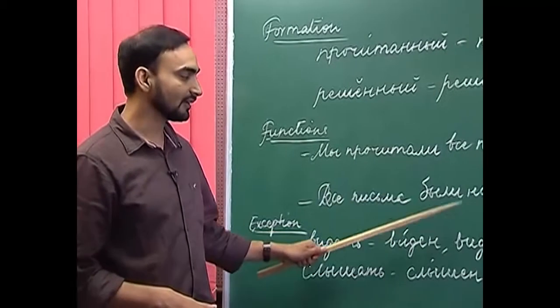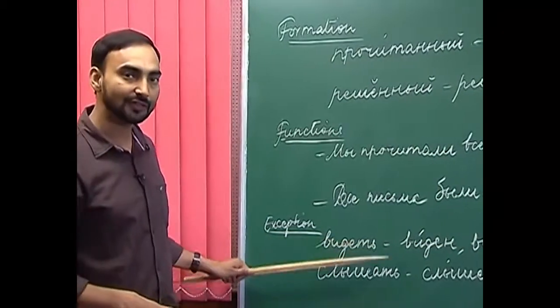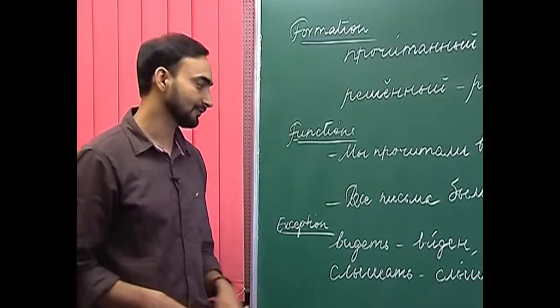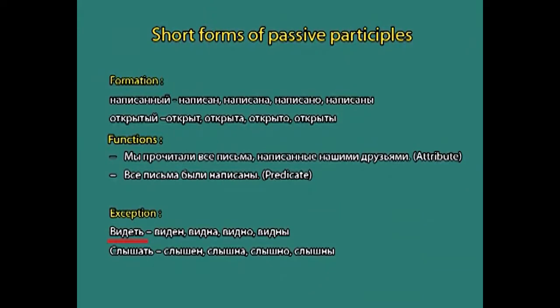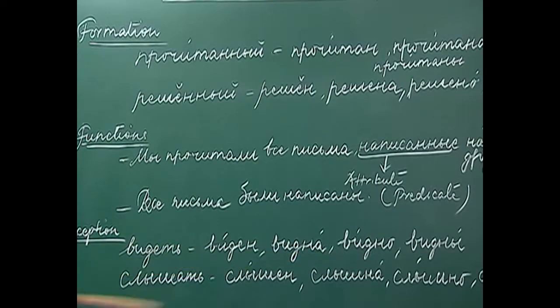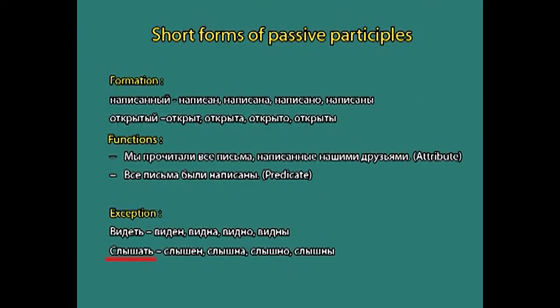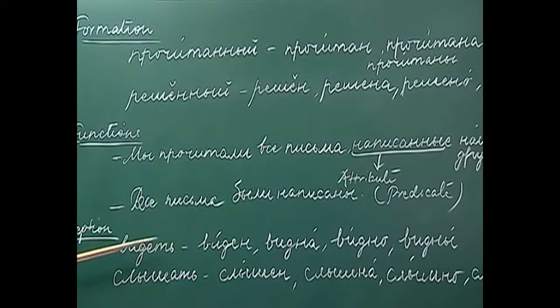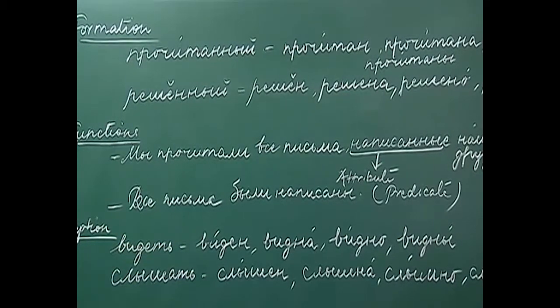So, from vidit we form vidyen, vidna, vidno and vidni. These are the short forms of the participle from the verb vidit, and from slishat, slishin, slishna, slishno and slishni.